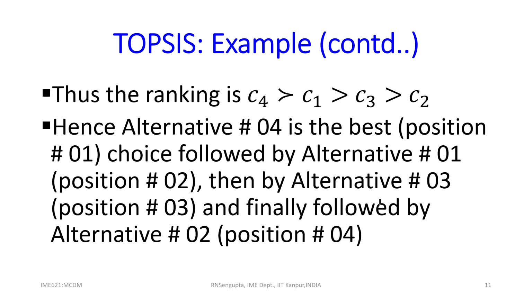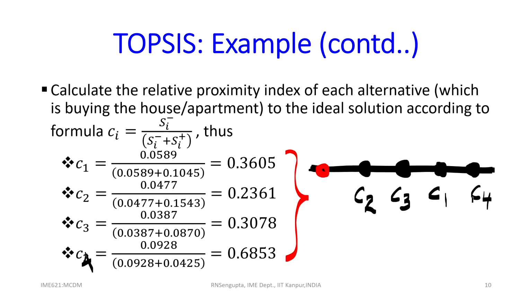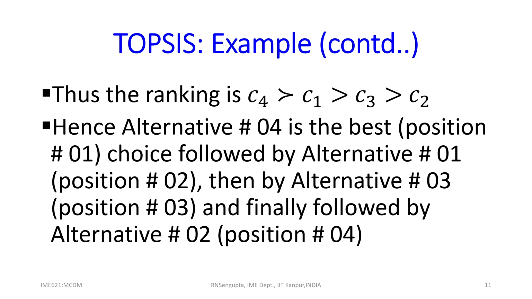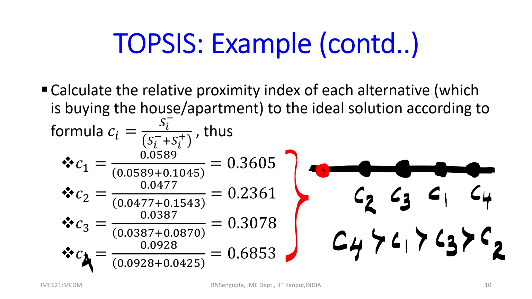So, C4 is better than C1, that is better than C3, and according to the ranking C2 is the so-called least preferred. If I write it down, C4 is greater than C1, greater than C3, greater than C2. So, the answer is C4, C1, C3, C2.